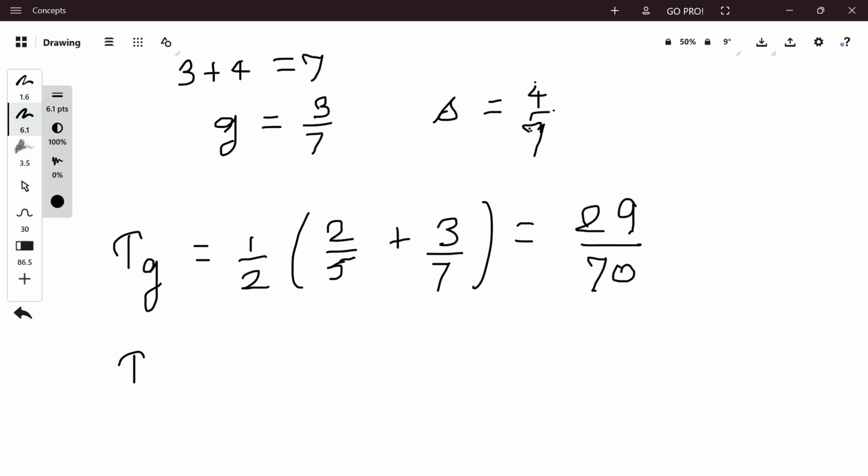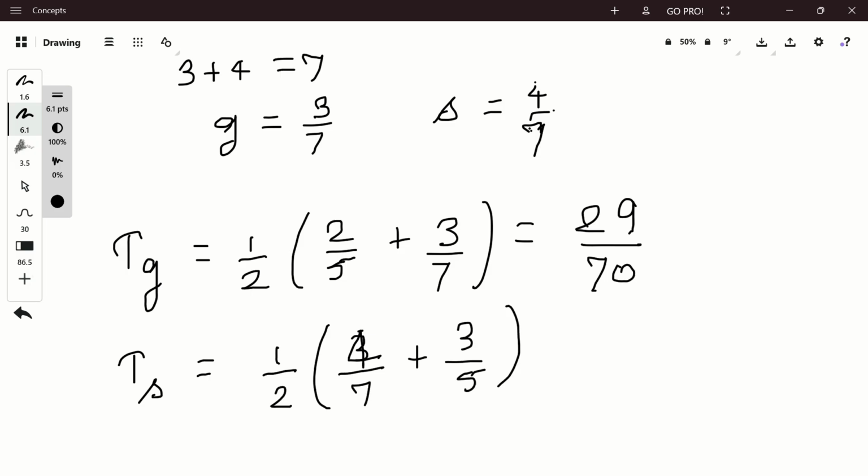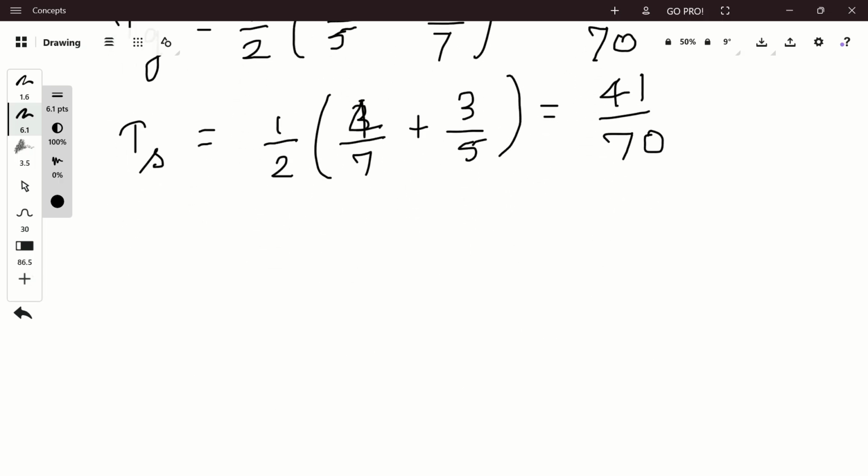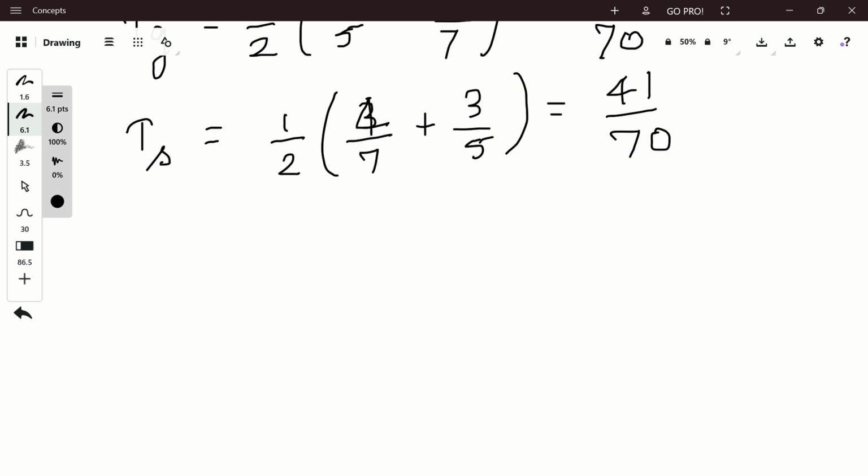That is, total gold is equal to 1 by 2 into 2 upon 5 plus 3 upon 7, which is equal to 29 upon 70. And total silver is equal to 1 upon 2 into 4 upon 7 plus 3 upon 5, which is equal to 41 upon 70.